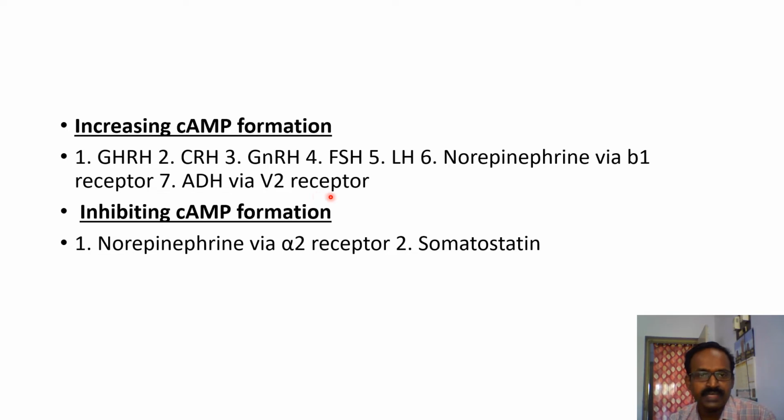Inhibiting the cyclic AMP formation, that is decreasing it, acts through norepinephrine via alpha 2 receptor and somatostatin.